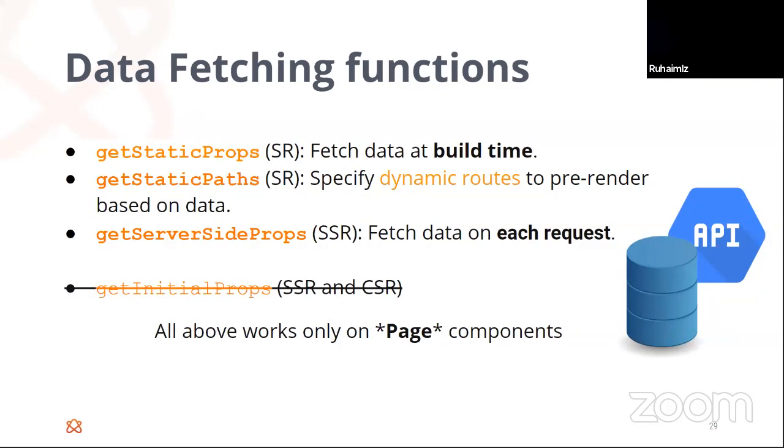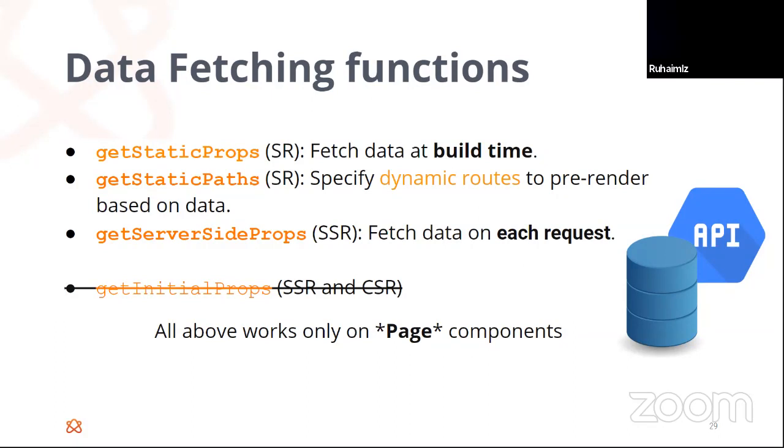By data fetching, what I mean is what I demonstrated in my previous session, where we do some fetching for the initial request. For server-side rendering, we use the getServerSideProps function.